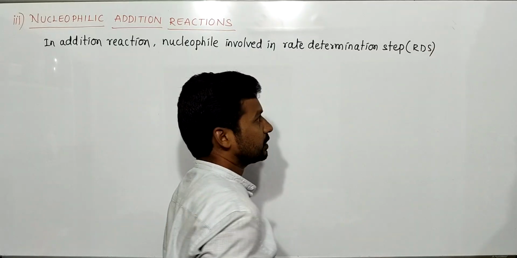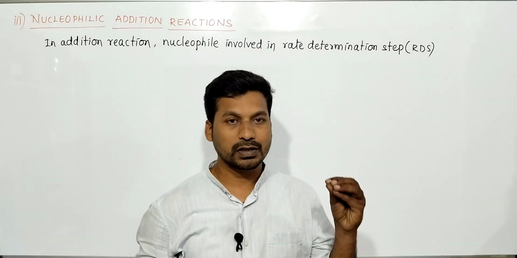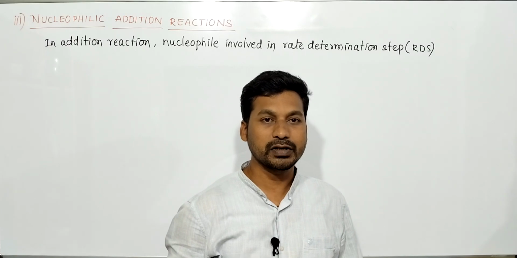What is the rate determination step? In a complex reaction, the slowest step is called the rate determination step.